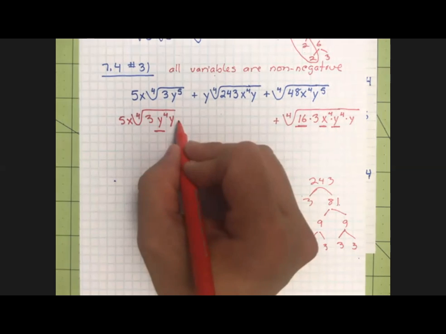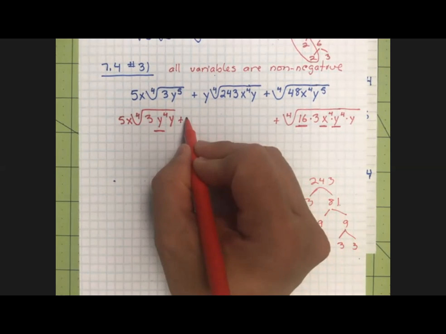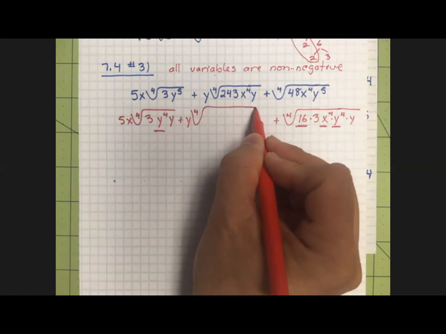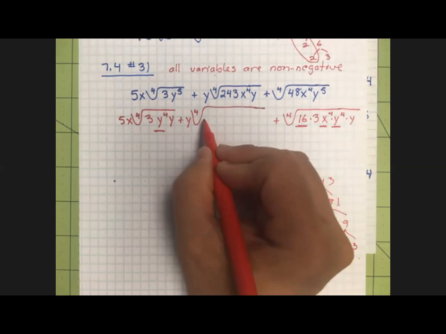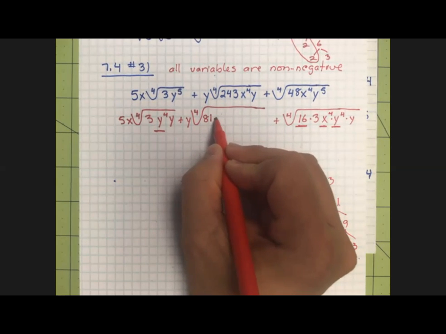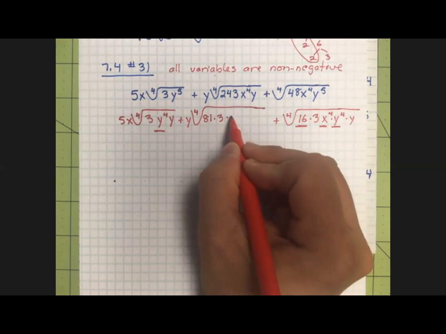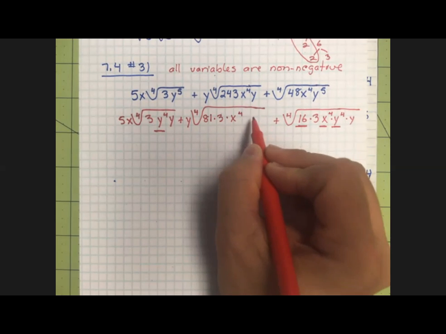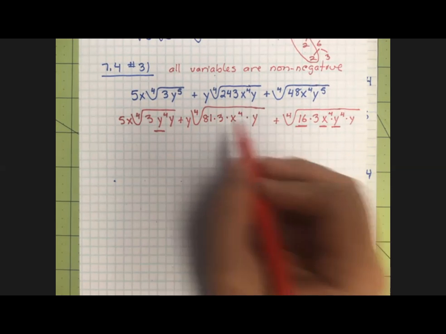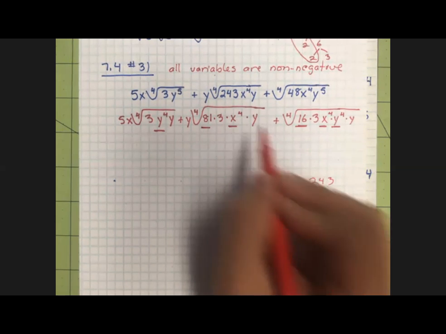Okay, so that means I get to break this one down. 4th root of 81 times 3 times x to the 4th times y. And there's my perfect 4th powers.